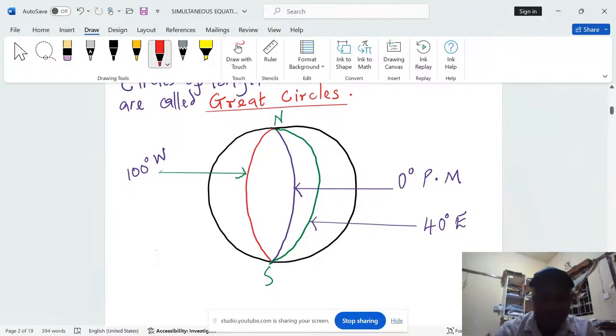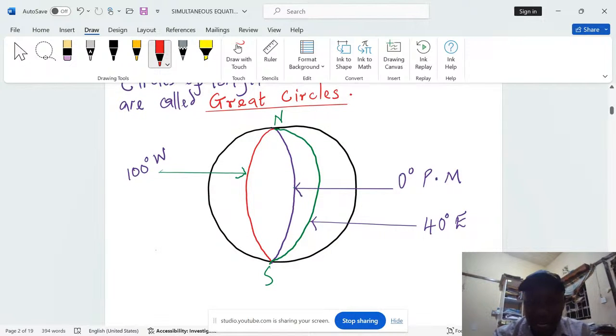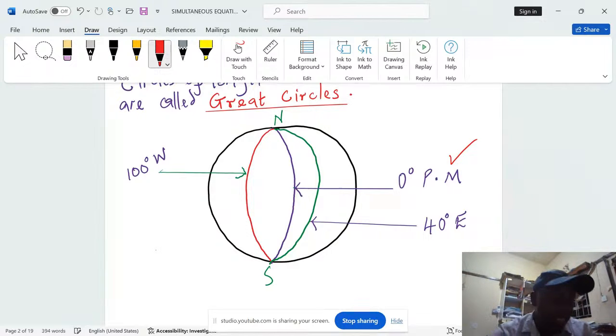You can see a diagram here whereby the reference one is called the Greenwich meridian, which is usually 0 degrees. It is the one I'm calling a prime meridian at this point. So we can have other longitudes being named. When you go to the right, that is the east direction. For example, I have a longitude here in green. I'm calling it 40 degrees in the east.